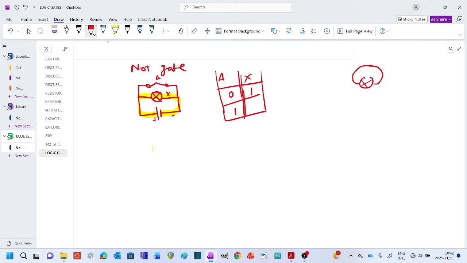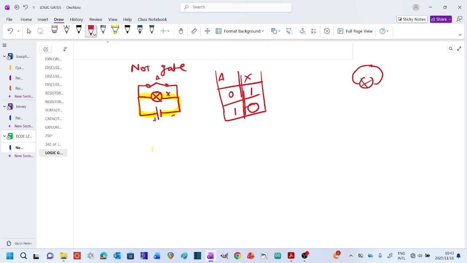You get nothing in the output, 0. That's why it's an inverter. When you give nothing to it, the light is on. When you give something to it, when you close the switch, then the light goes off, because the light finds itself short-circuited. So that's how they operate.